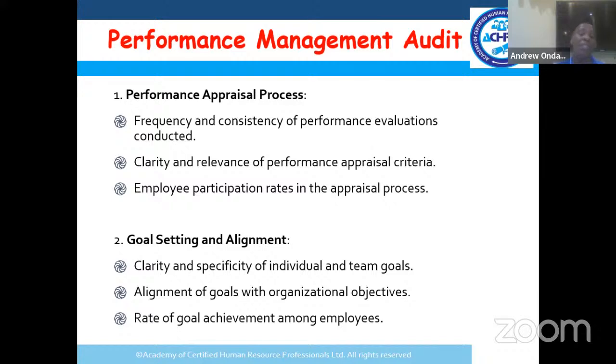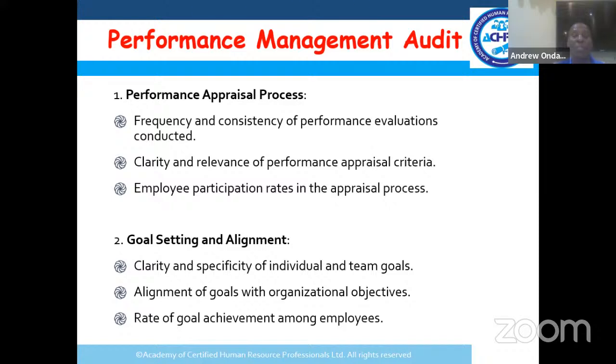So this criteria is what we shall use when we are evaluating the performance of a person. So how clear are these criteria? If they are not clear, you cannot blame a person for performing poorly because you didn't take the initiative to ensure that it is clear, precise, and relevant.